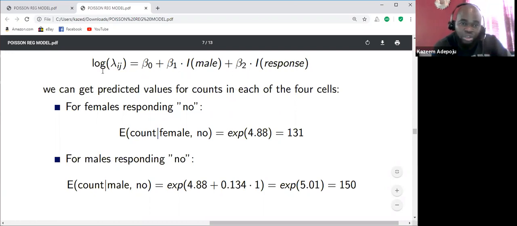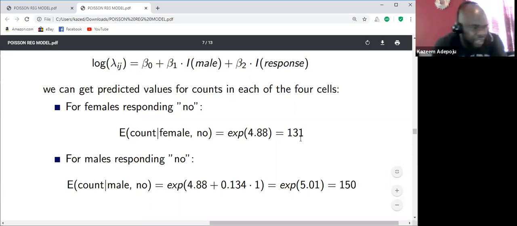I'm only going to have log of lambda ij equal to beta naught. What I'm looking for, the predicted count, is lambda hat ij, the predicted count for a particular cell. If I solve for lambda ij, the log goes to the other side, and it's going to be exponential raised to the power of beta naught. And that's why I have the exponential raised to the power of that.